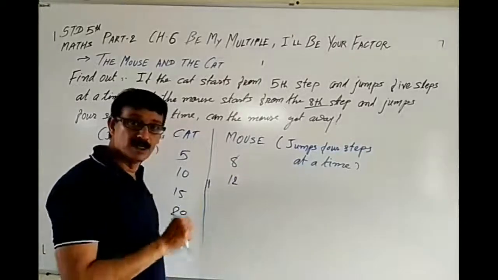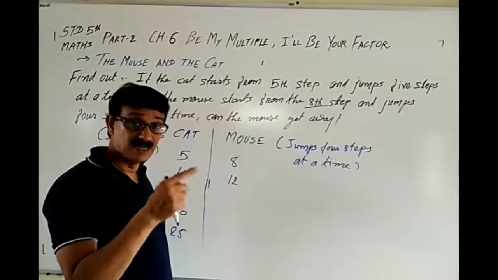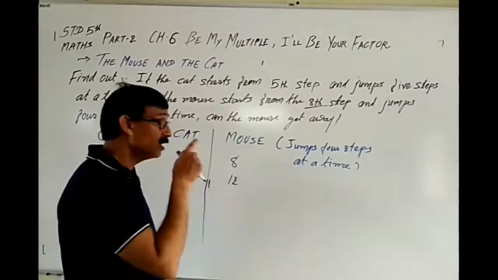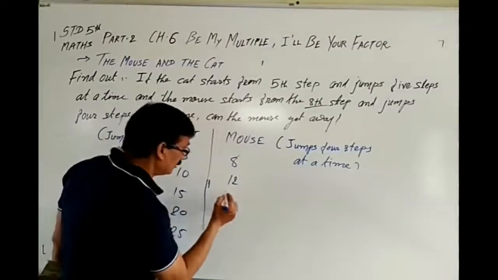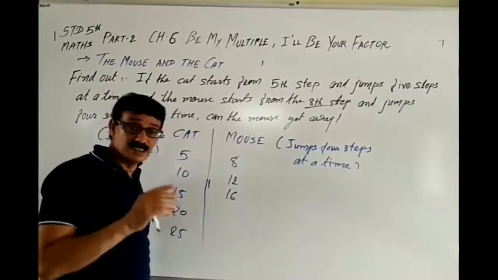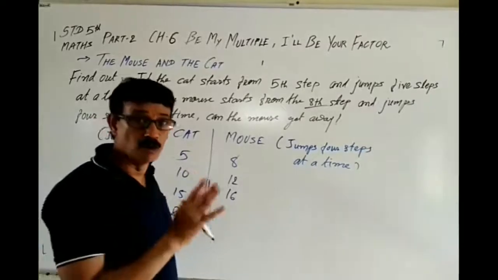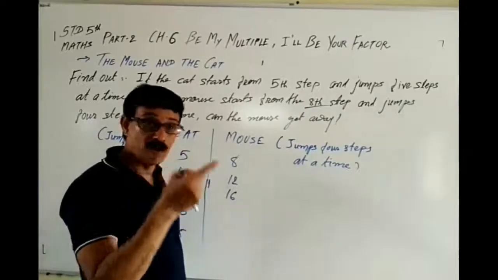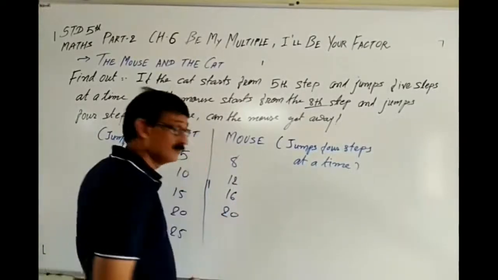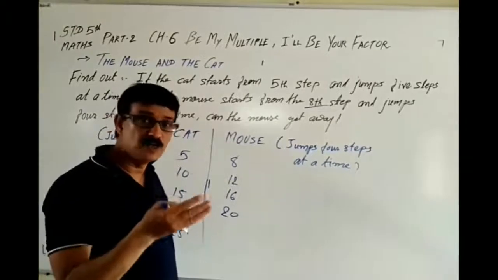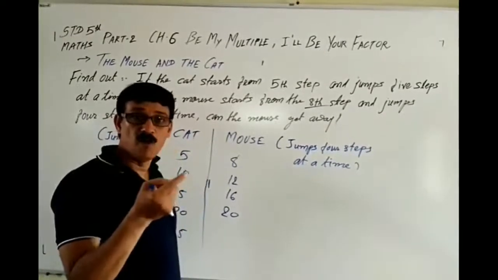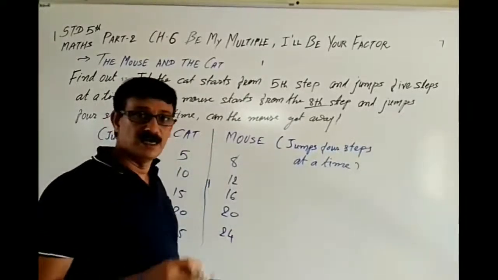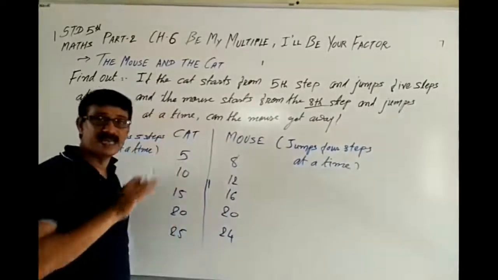The next 4th step after 12 will be 4 fours are 16. See, this is the table of 4. Then the next 4th step, 4 fives are 20. The next step after 20, 4 sixes are 24. Now let's see where our mouse and cat are.